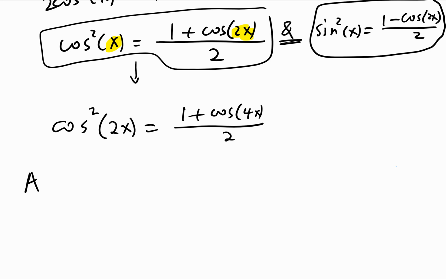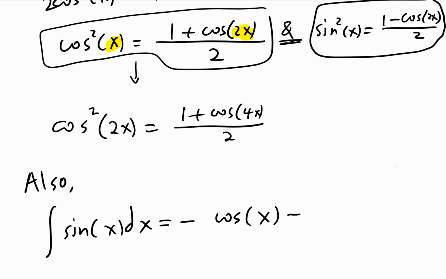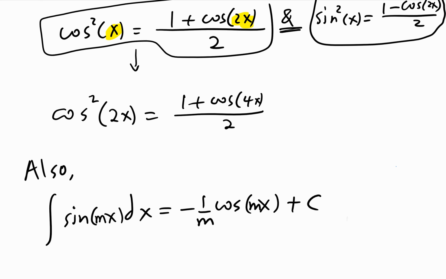Also, when we are integrating sine x, you already know what that is. You know it's negative cosine x plus c. But how about if there's a number there, m, like a constant? You can do u sub, mx is u, but it would be easier if we can go with straightforward 1 over m, cosine mx plus c.